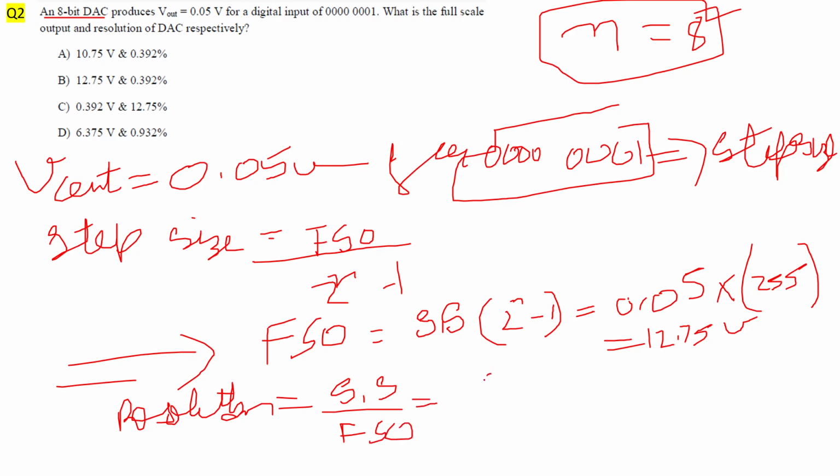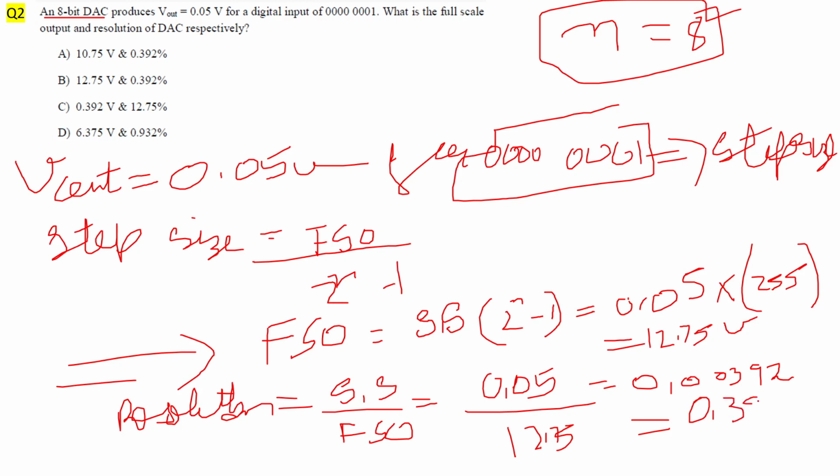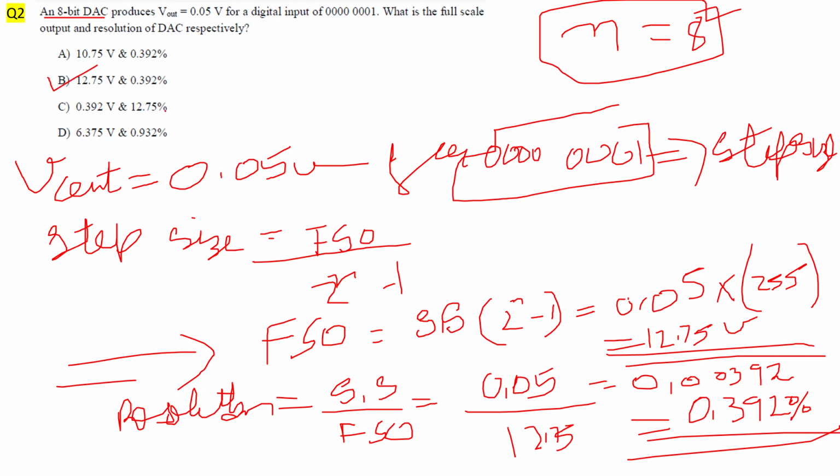So step size is given as 0.05 and your full scale output voltage is 12.75, and this will be equal to 0.00392, and in percentage by multiplying by 100, it is equal to 0.392%. So your resolution is this and your full scale output voltage is this. So it's 12.75 volts and 0.392%, right?